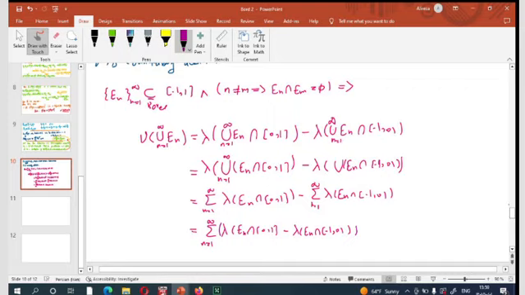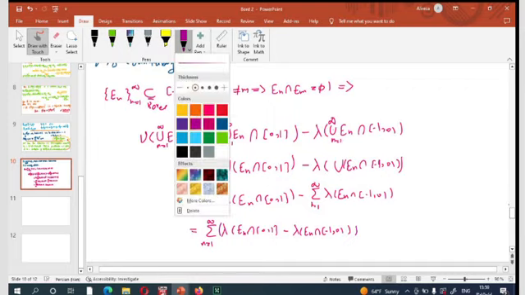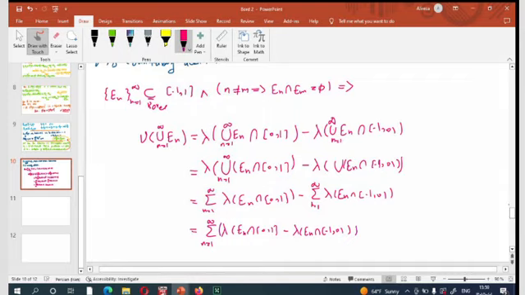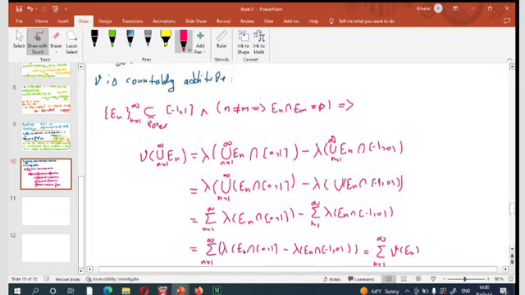And this is equal to the summation of nu of En, because this is nu of En by this definition.